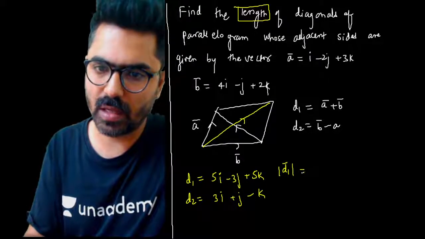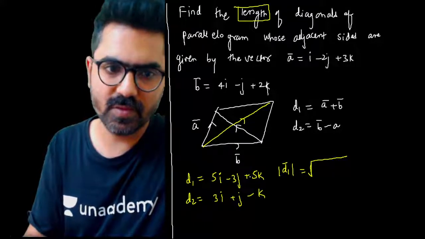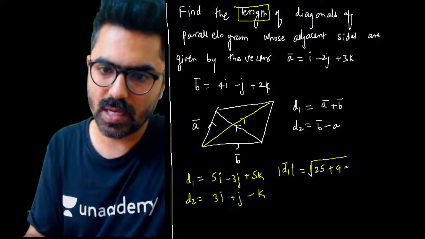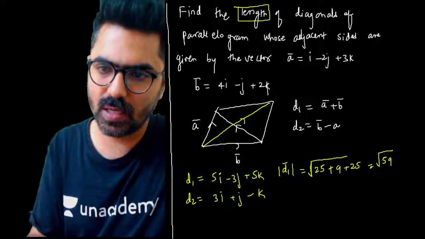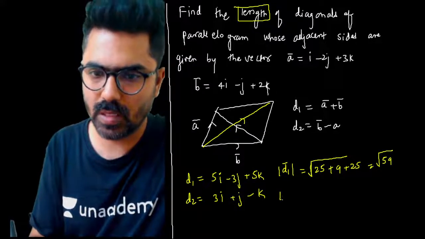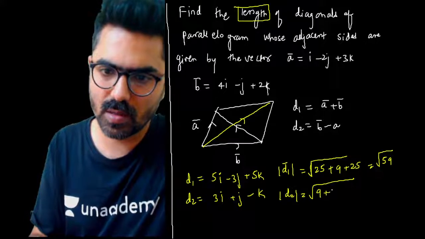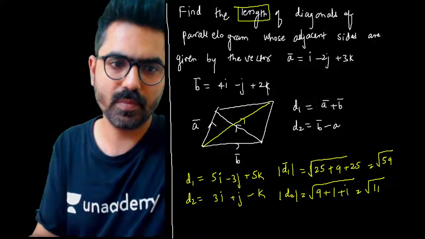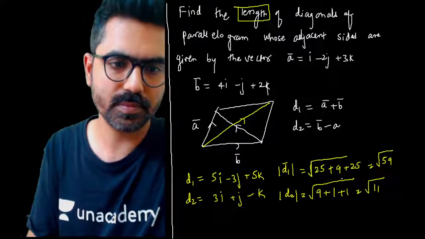So the magnitude of diagonal 1 is root of 5 square is 25, minus 3 square is 9, and then 25. It is root of 59. The diagonal 2 length is root of 9 plus 1 plus 1, root of 11. These are the two required lengths.